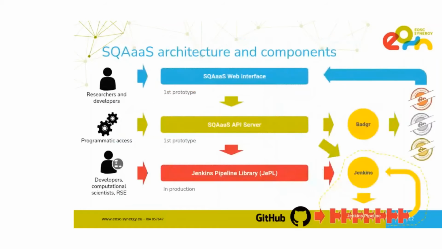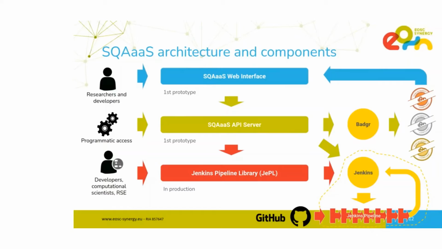A bit more details about the platform and its architecture. The core system, what you see at the bottom, is the Jenkins pipeline library, which means that we are using the Jenkins CI/CD system, and above that system there is a Jenkins pipeline library which facilitates the description of those quality checks.